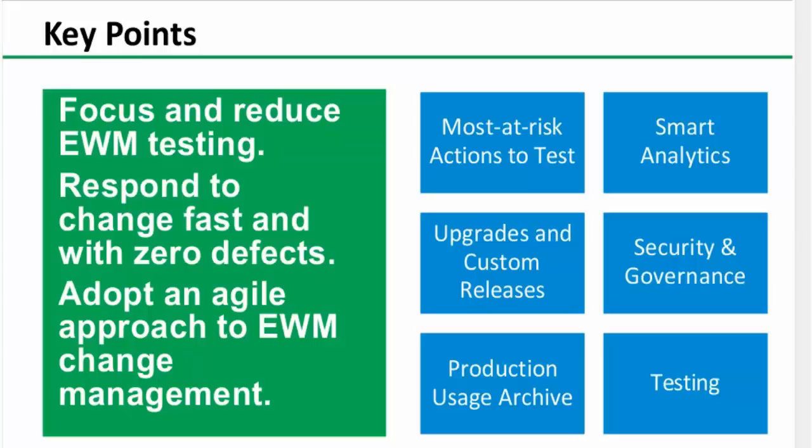And just some other things that Live Compare includes: security and governance, being able to go out and identify those issues, your production usage archive, and then helping you with that whole testing aspect and integrating with the HPALM system.